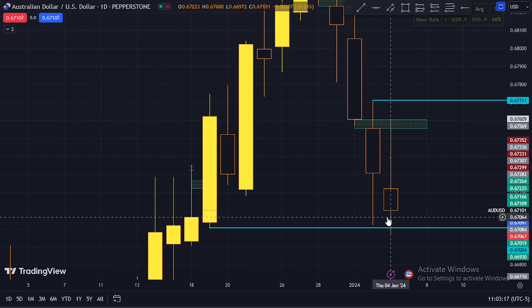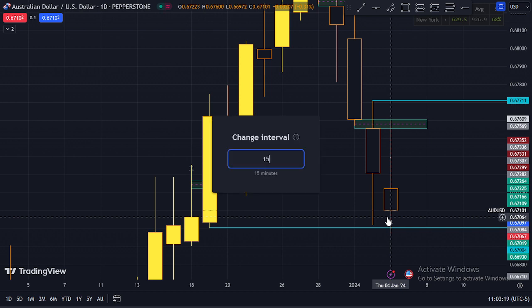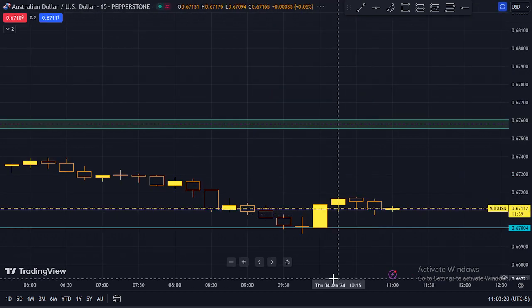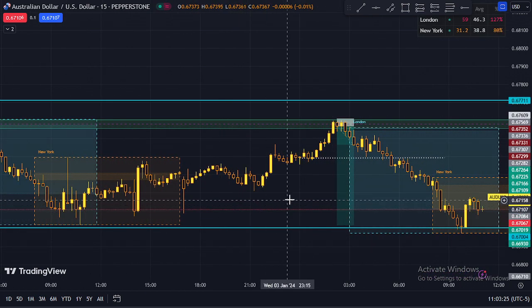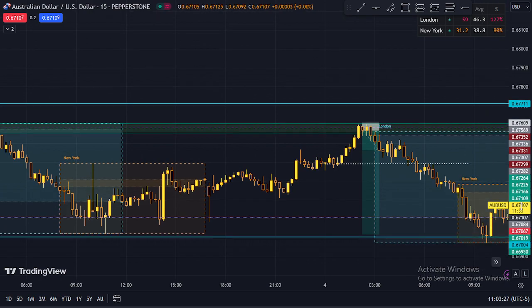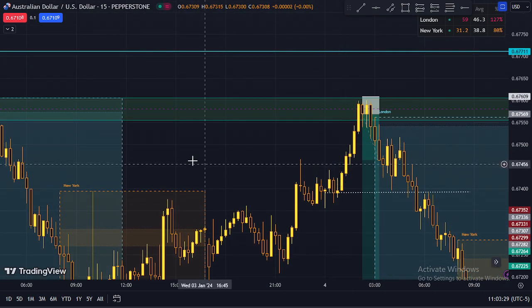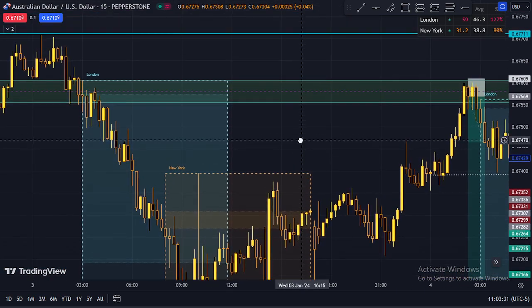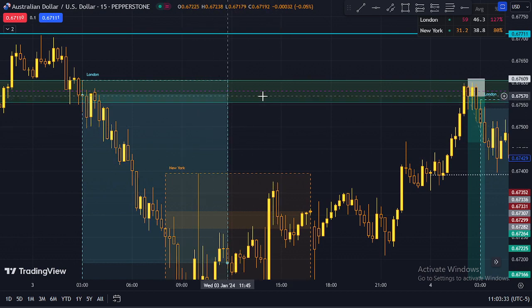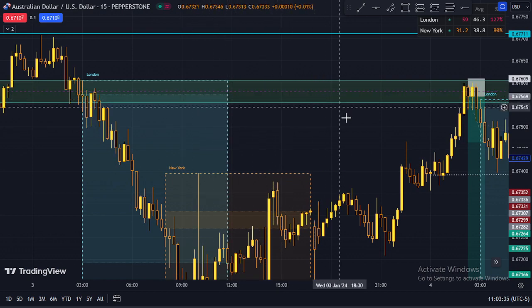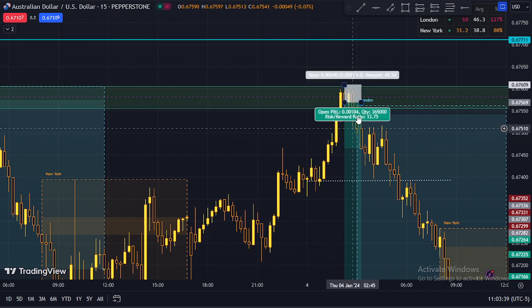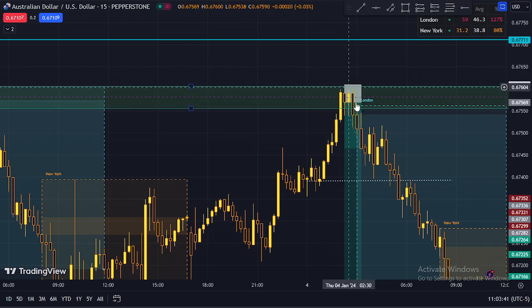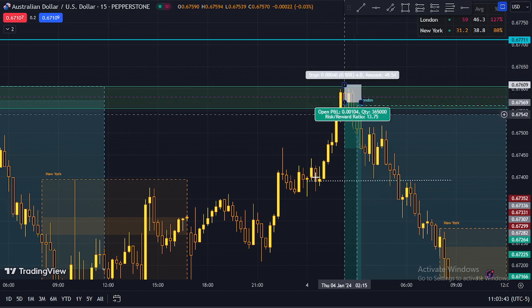If we head over to the 15-minute chart, this is the liquidity, the volume imbalance, sorry. As you can see, we repriced back to that inefficiency right there.